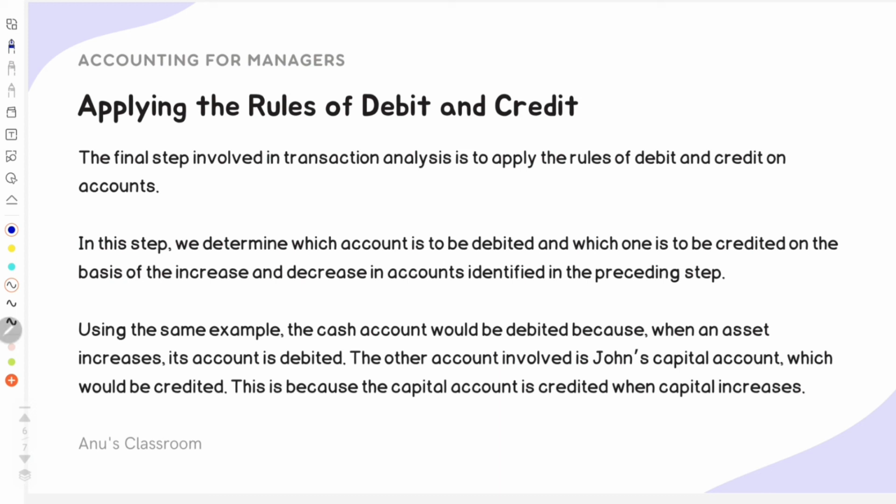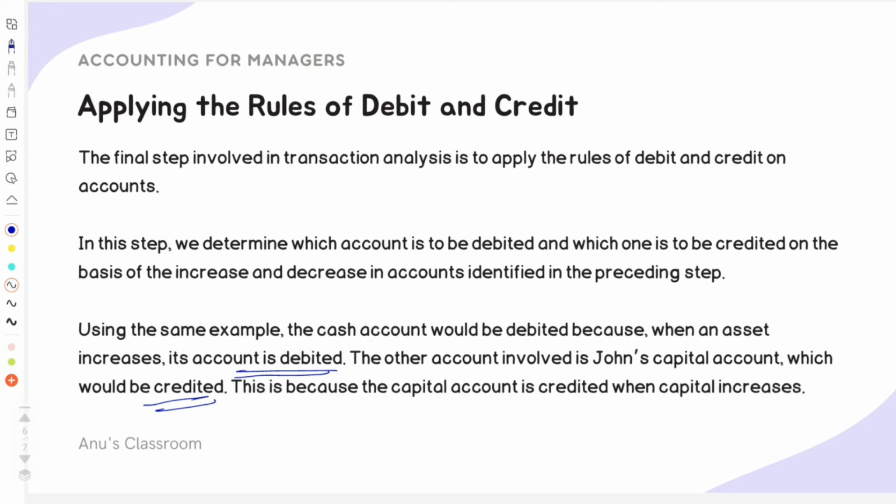So in this account, the cash account we said was an asset account. When an asset increases, we actually debit it, and the capital account, when it increases, we will credit it. So that is how we apply the rules of debit and credit. In this video, my aim was mainly to help you familiarize with the 4 steps involved in identifying the transaction.